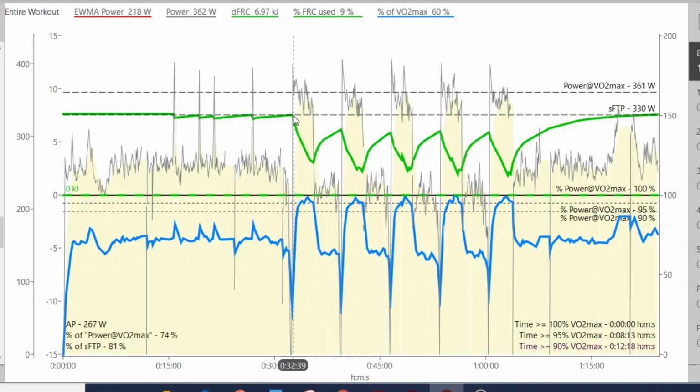But that said, I will manipulate this subtly over time. So this was 5 times 3 minutes with 3 minutes and 30-second recoveries, slightly over a 1 to 1 work to recovery duration ratio. But like I said, I like to gradually cut this down.